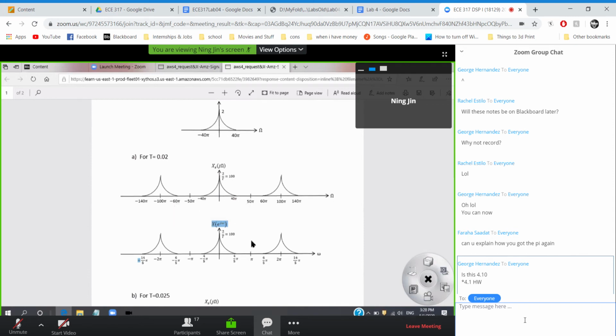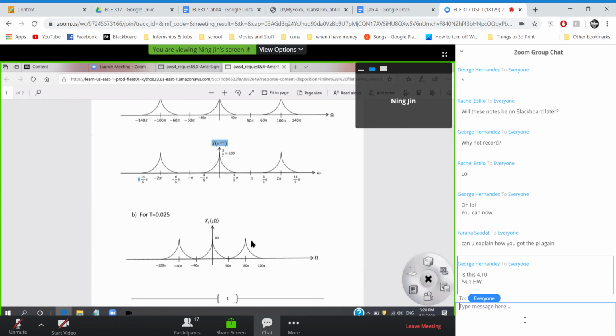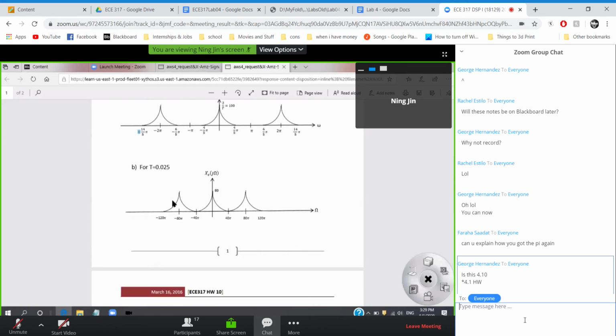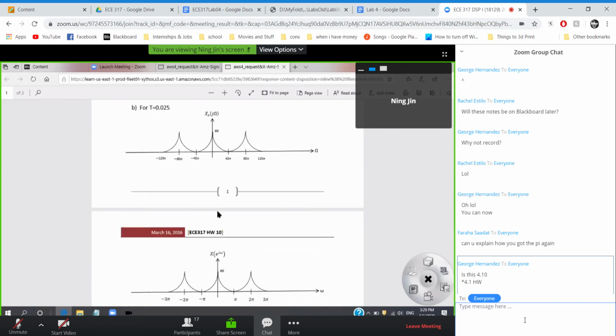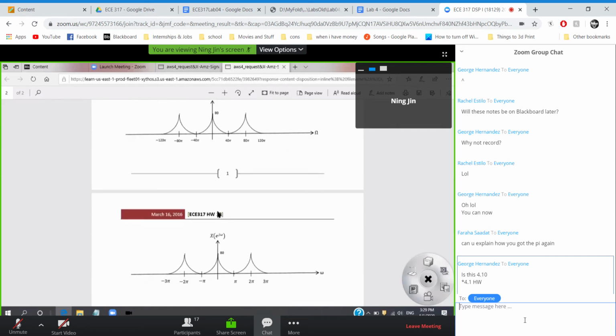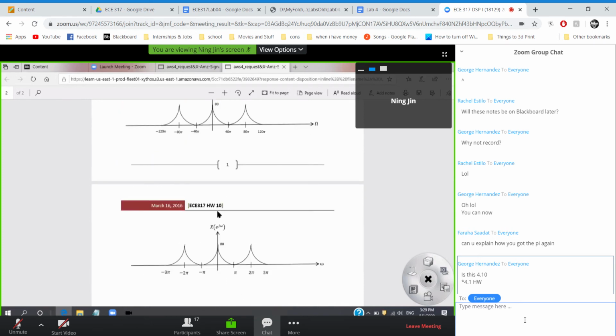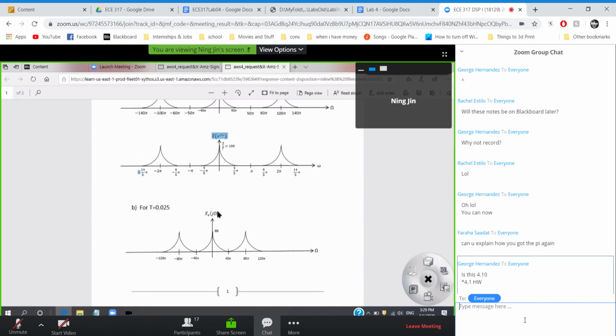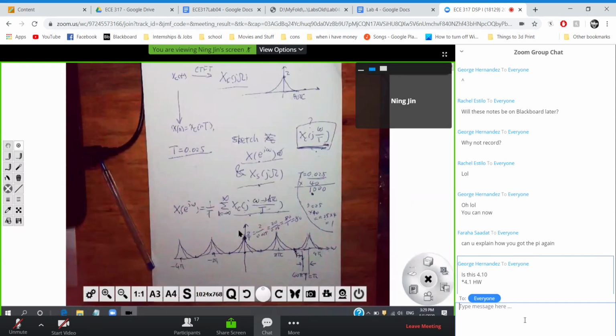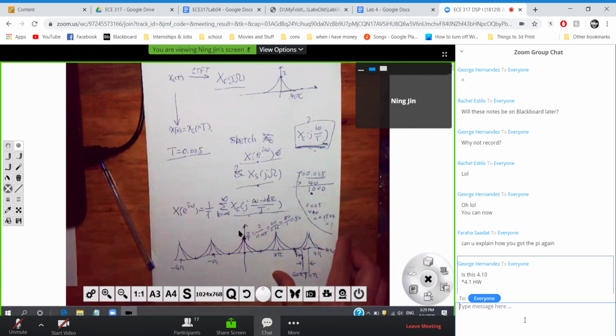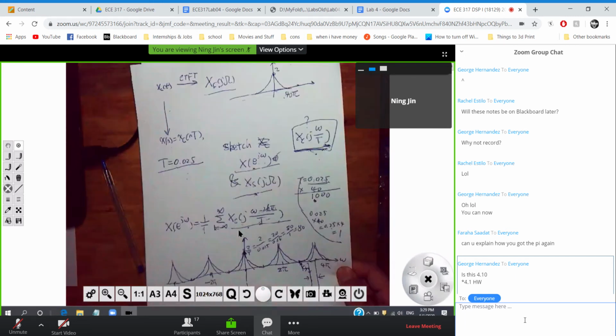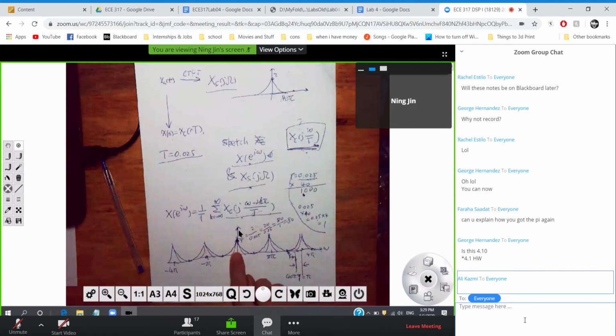Oh, the solution has no formula. Yeah, this is just what I did. Okay, no formula. Then I can put this page as a note. So you have this graph, and you have the formula.